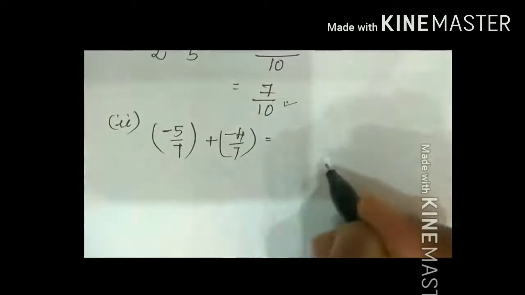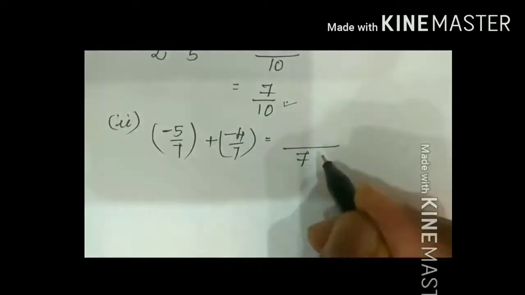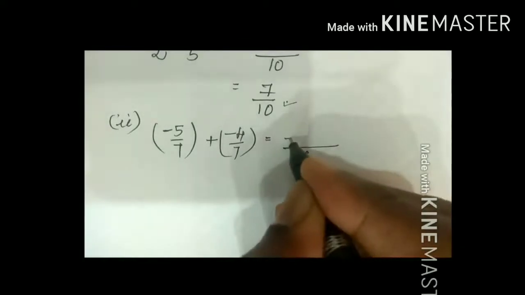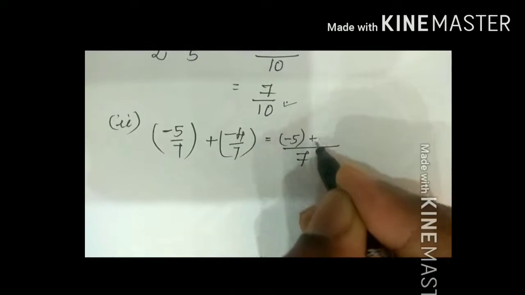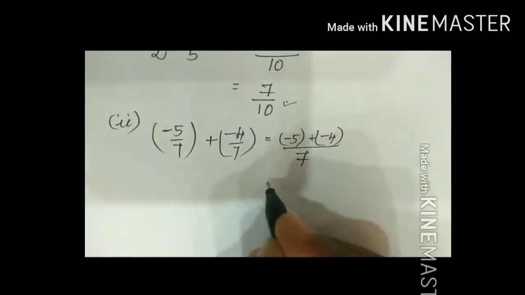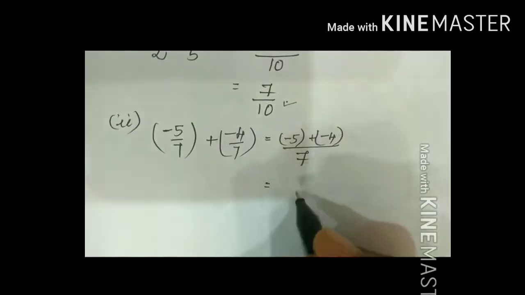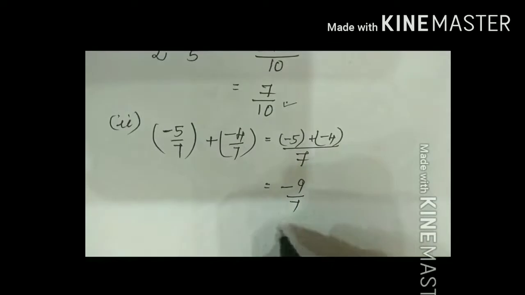See here, the denominators are same, so we'll write the same denominator and we'll add the numerators. So first numerator is minus 5, second numerator is minus 4. So minus 5 plus minus 4 is equal to minus 9 by 7.